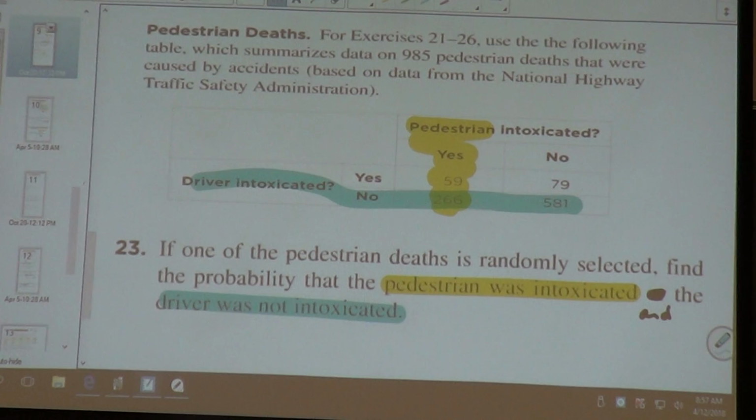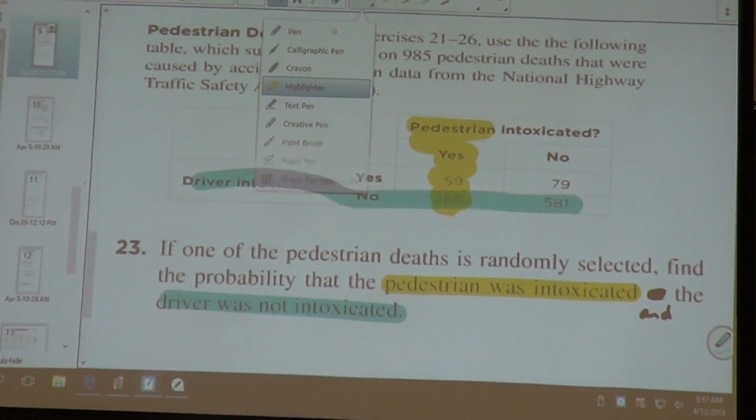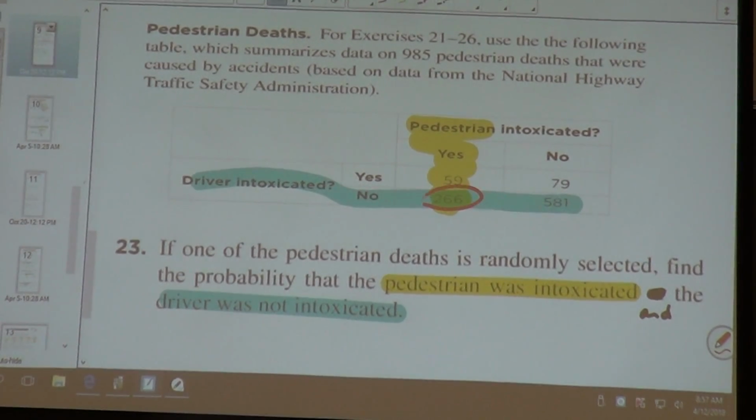So, this is saying the person walking in the street was drunk, but the person driving was not drunk. And because it has the word "and," we're gonna do the overlap.